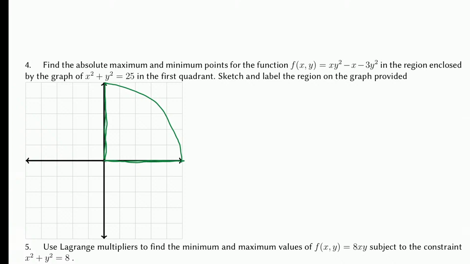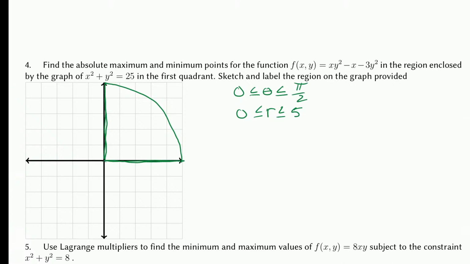So there was your region. If you did this in polar form, it's easy because theta goes from 0 to pi over 2, and r goes from 0 to 5. You just have to remember to throw the extra r into this thing.